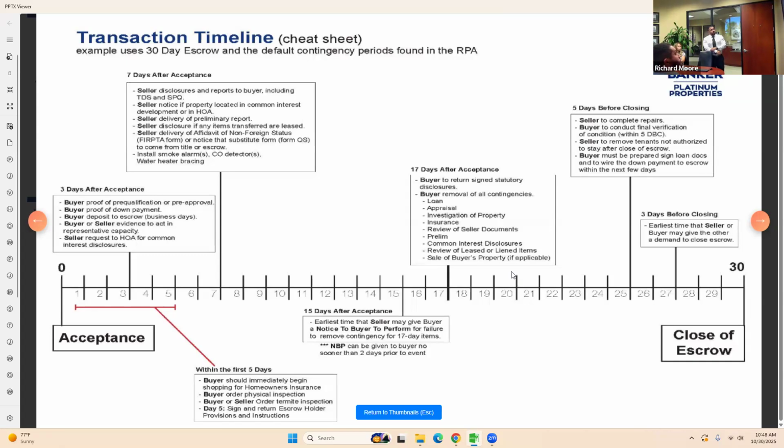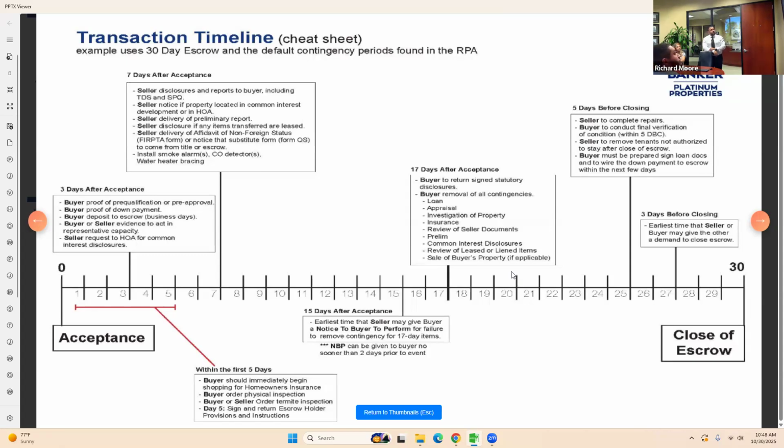Any disclosure of transfer of leased items, so any disclosure of any leased or liened items such as solar panels, or I think they said, what was the other one? Is it water softeners? Some of them have that, I'm not sure. But definitely the solar panels. Some delivery of affidavit of non-foreign status, that usually goes out with the seller's disclosures.